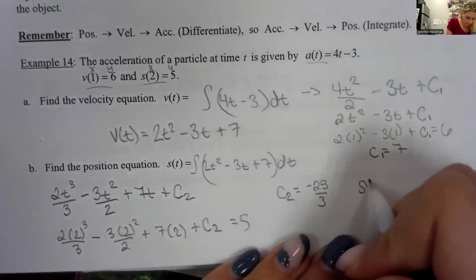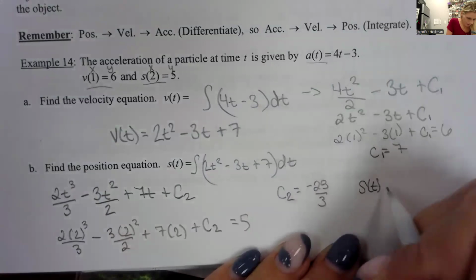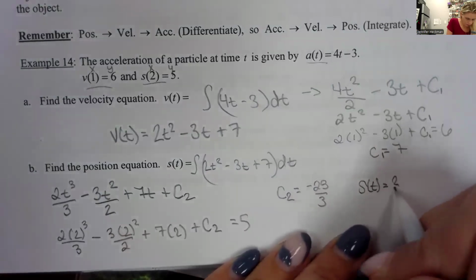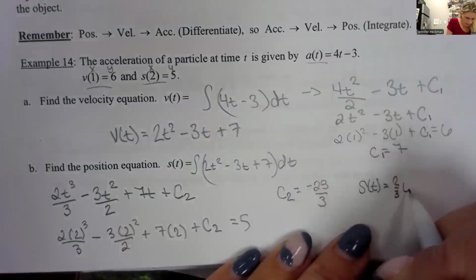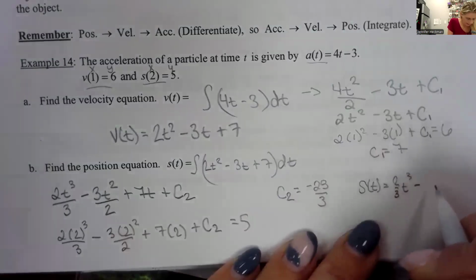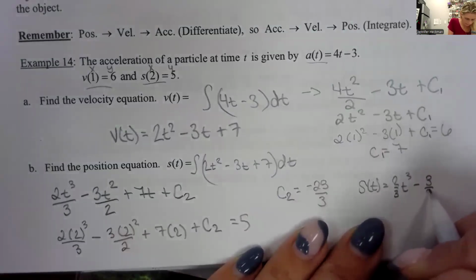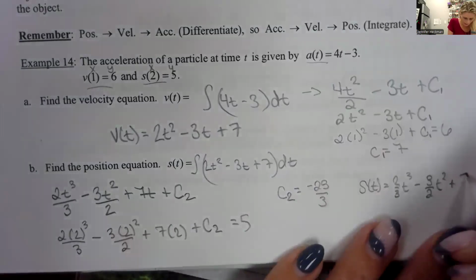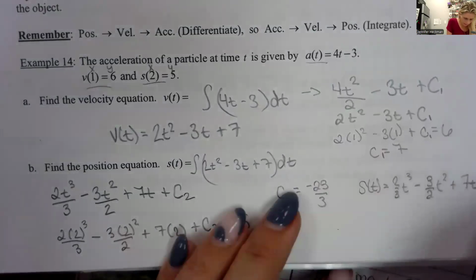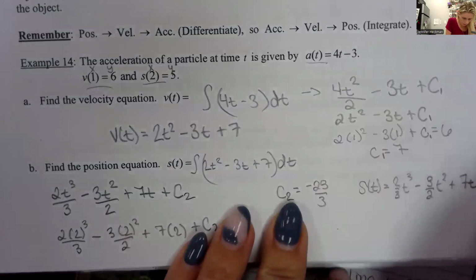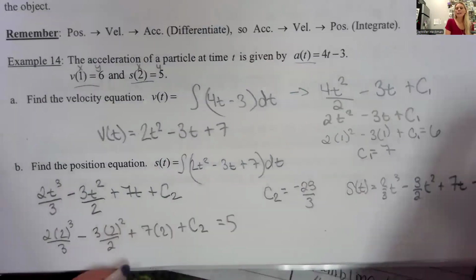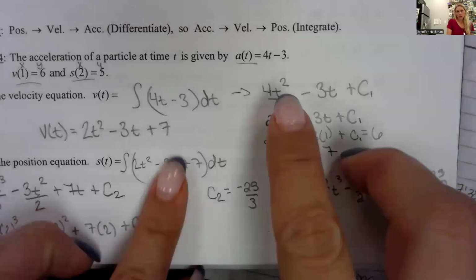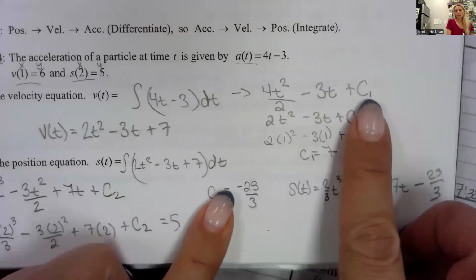So S of t equals 2/3 t cubed minus 3/2 t squared plus 7t, and then it's going to be a minus 25/3.